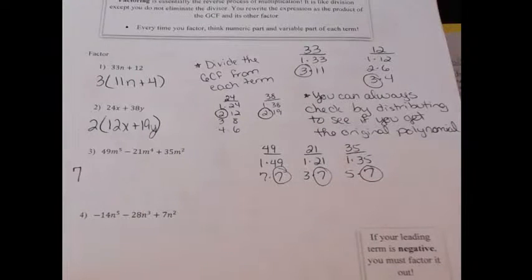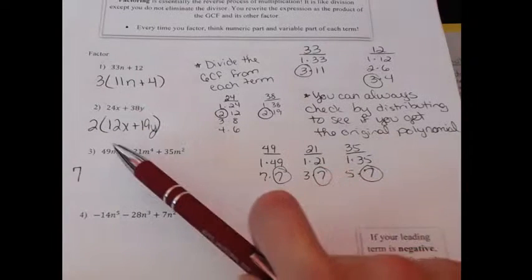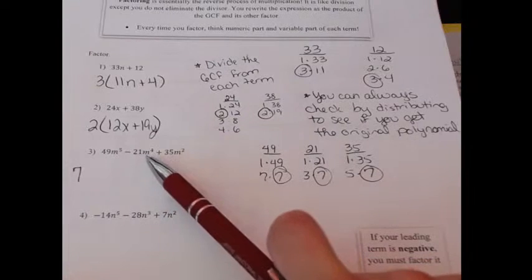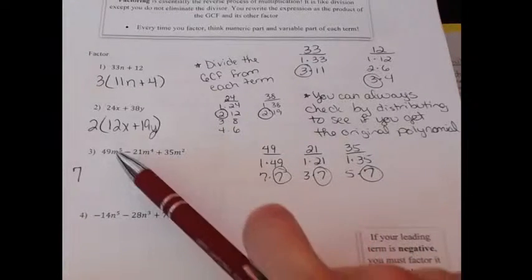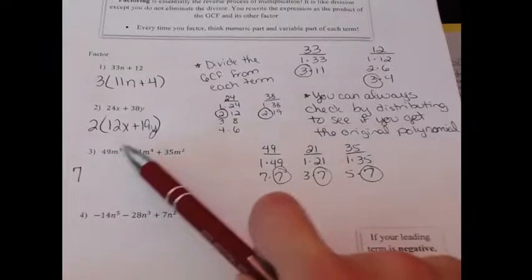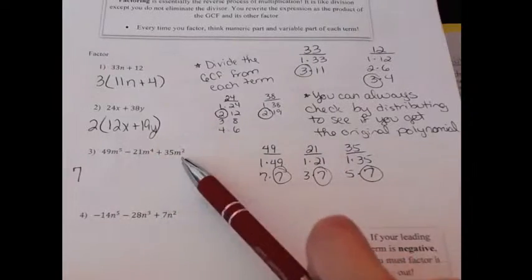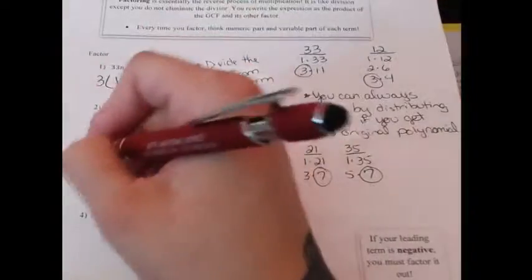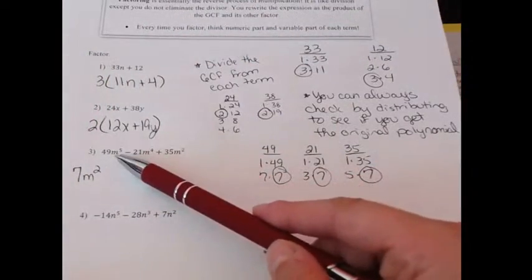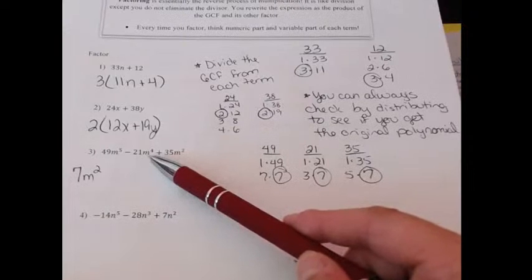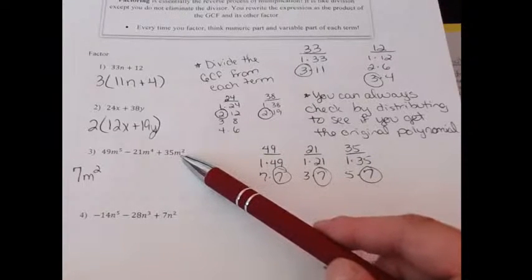But then we still have to look at the variable part. M to the 5th, M to the 4th, M to the 2nd. At most, we can only take M to the 2nd from every term. Remember, if you wanted to take 5 m's, this one can't give you 5 and neither can this one.